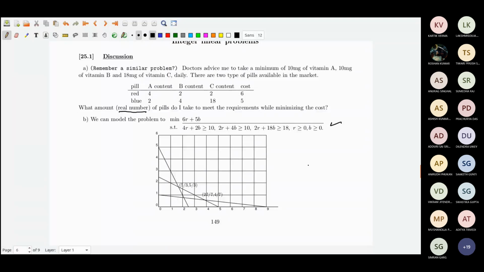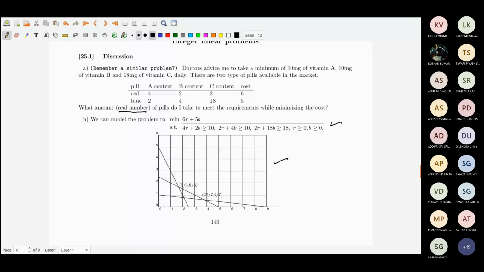Here the set is like 4r plus 2b greater than or equal to 10, 2r plus 4b greater than or equal to 10, 2r plus 18b greater than or equal to 18. So this upper side is the feasible set. Over there I want to minimize 6r plus 5b.